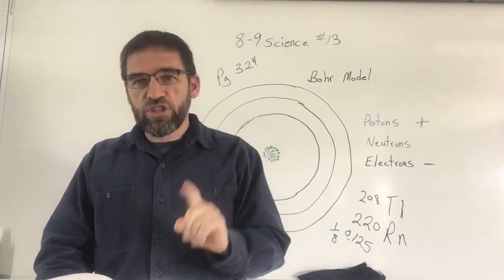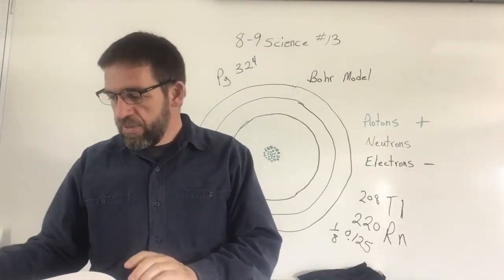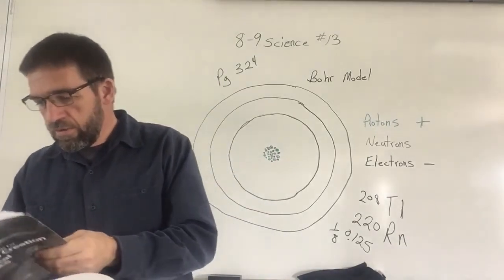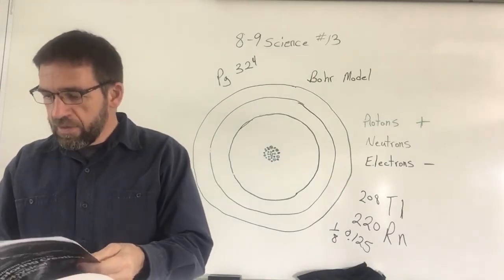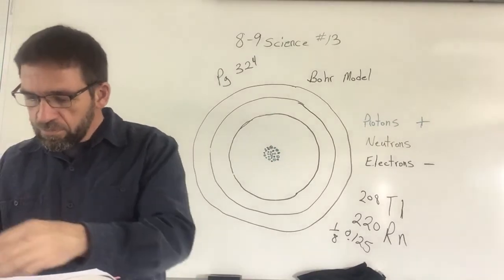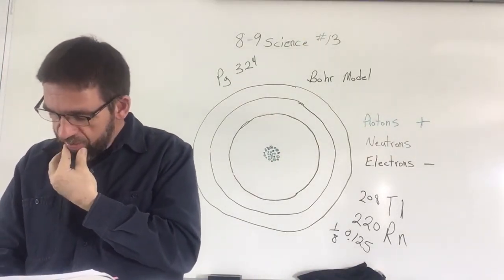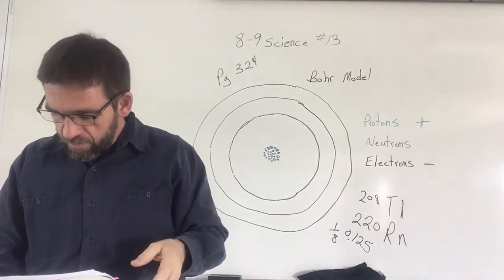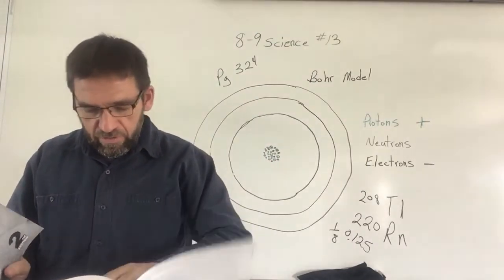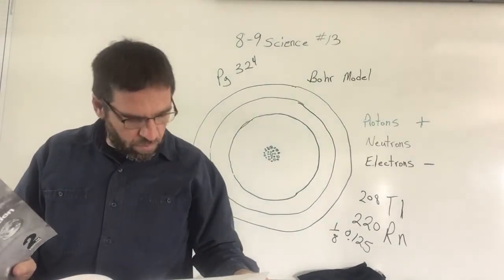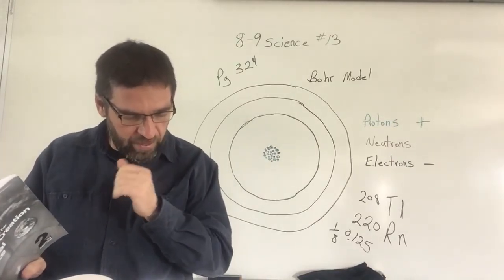One more thing I'm going to brush up on with you is the decay. That is a little bit important, that you will need to know just a little bit about the decay. It is on page 328. Go to the bottom, page 328.